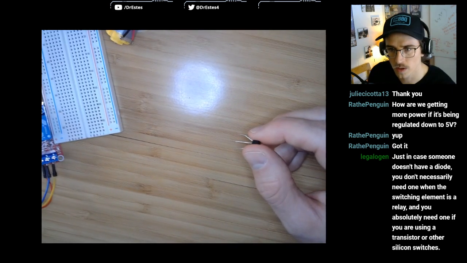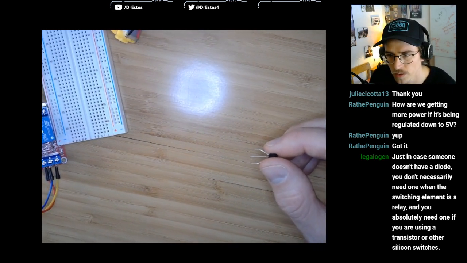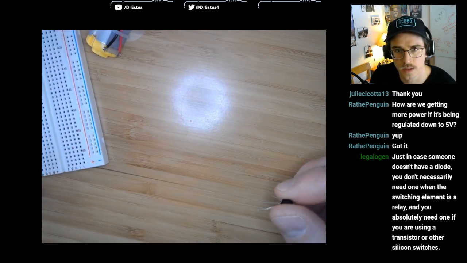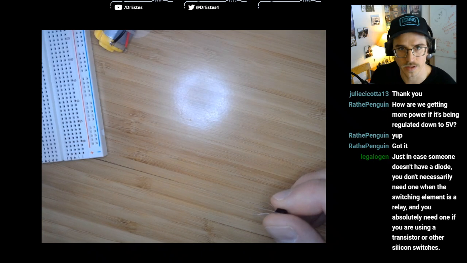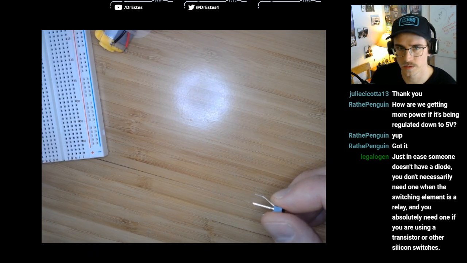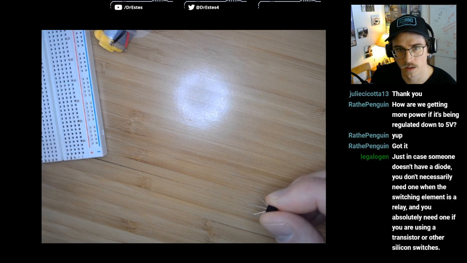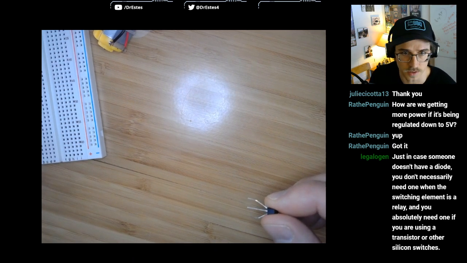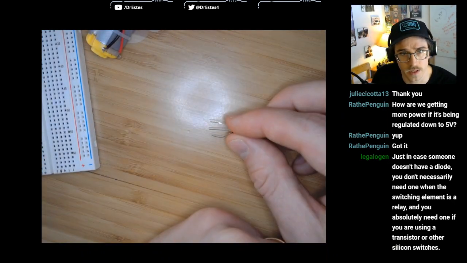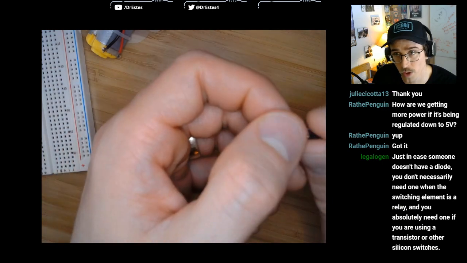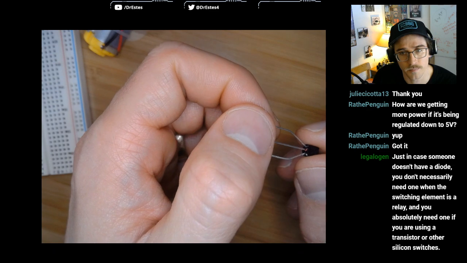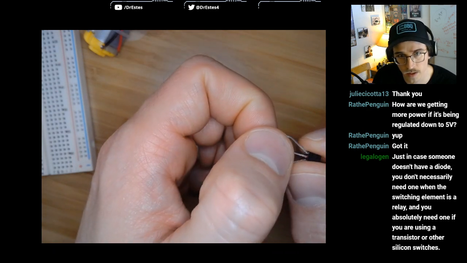Well, I think you don't necessarily need one when the switching element is a relay. I think it's good practice to have a diode with a relay because the electromagnet in there is an inductor, and you're going to run into that problem of inductive kickback, just like you would for a motor. When you disconnect that electromagnet, it creates a voltage spike.